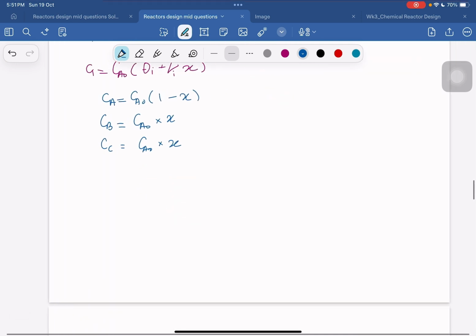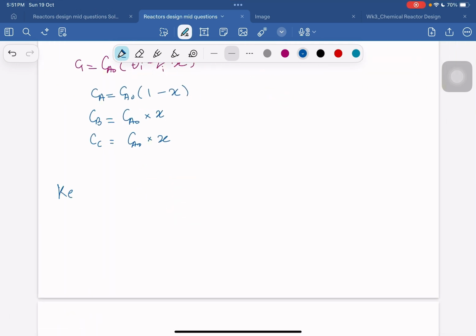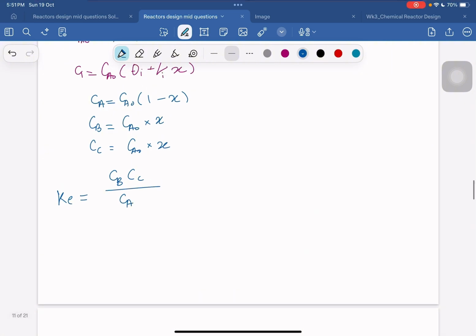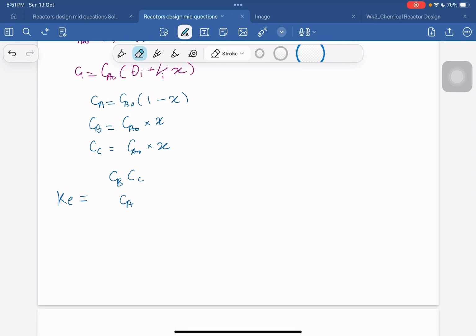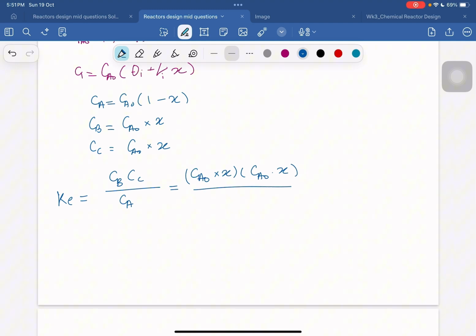Then, as we said, KE is equal to CB CC over CA, and we have the expression for each one. So CB is equal to CA0 times x, and CC is equal to CA0 times x, over CA, which is CA0 times (1 minus x).